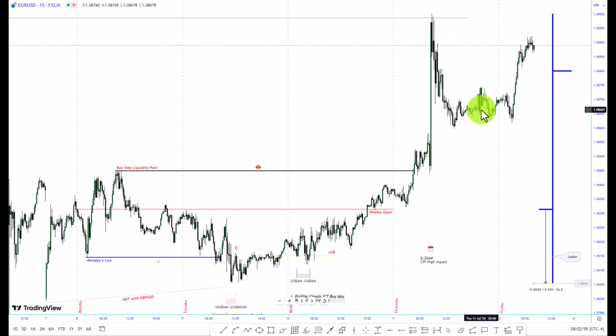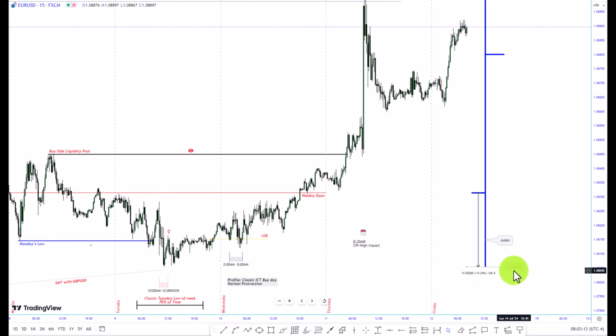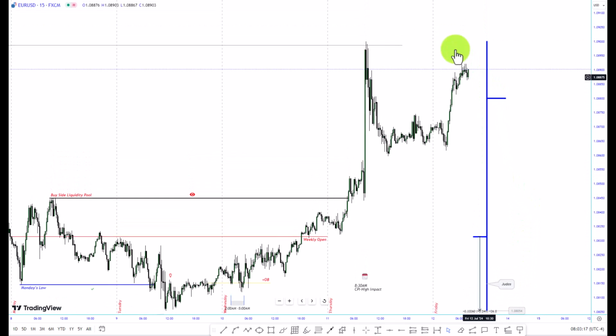You can see this is the weekly open, that is the accumulation. On Tuesday, manipulation, which is the Judas swing, whereby it created the low of the week at the 1.08054 price level. Then you had the rally all the way to the upside over here.